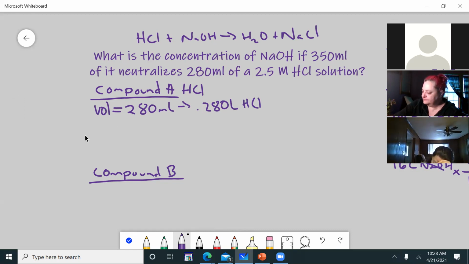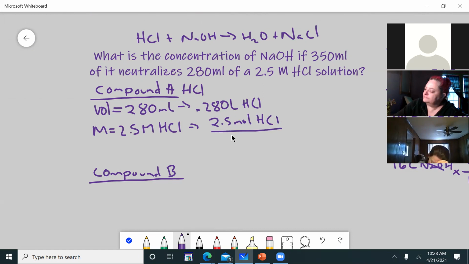We know the concentration of this thing. Its molarity is 2.5 big M of HCl. Again, I don't really like it written like that, so I am going to change it to 2.5 moles of HCl in every 1 liter of the HCl solution.